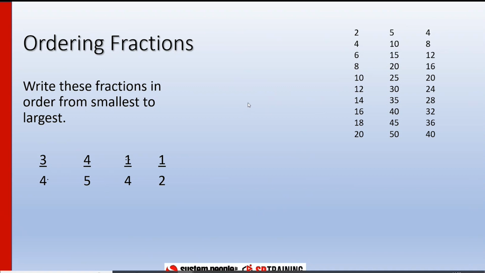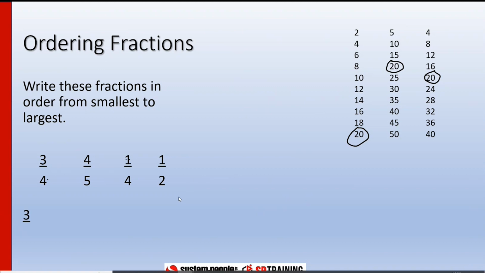So we've got to look to see which is the one that is most common. If I go down the list here, I've got a 20 in the 4s, a 20 in the 5s, and of course 10 2s are 20. So that seems to be the lowest number that is common to all 3 tables.